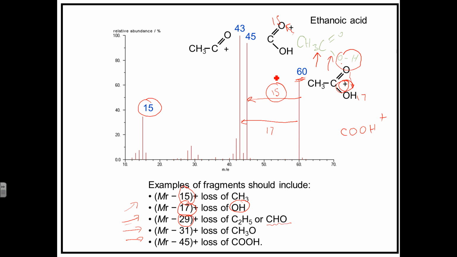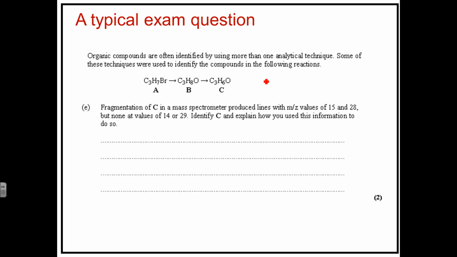That piece is the leftovers when the hydroxyl functional group is removed. And then we've got the methyl fragment ion that's come through. Okay, so that's mass spectrometry. Now you can practice your skills by going through some of these questions and see if you can apply your knowledge to these questions.